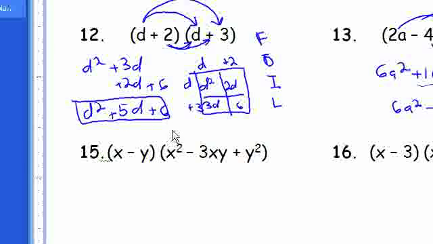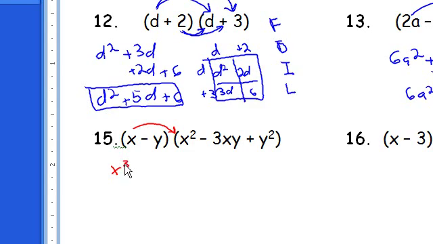Okay, 15. Same deal. X times x squared is x cubed. X times negative 3xy is negative 3x squared y.